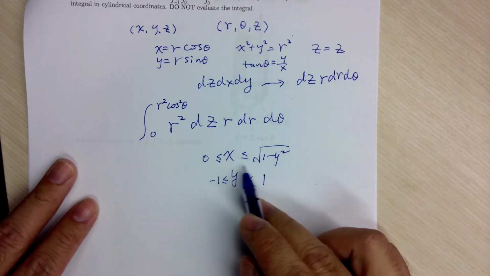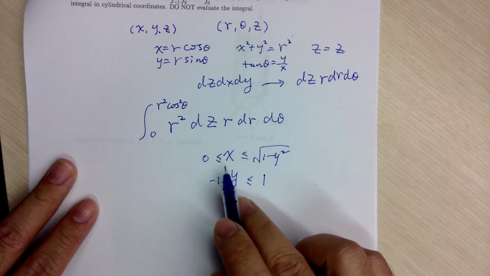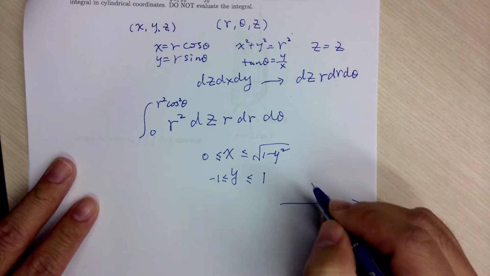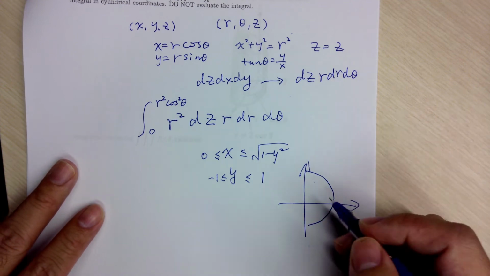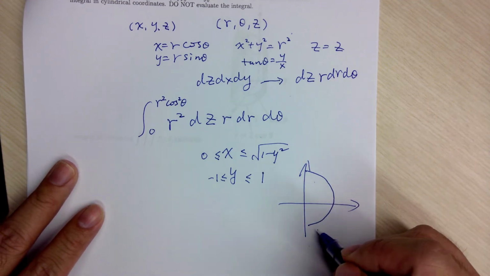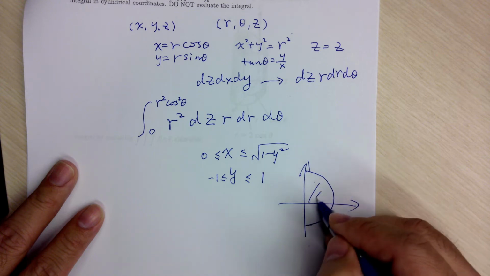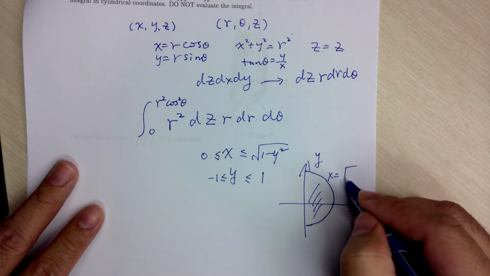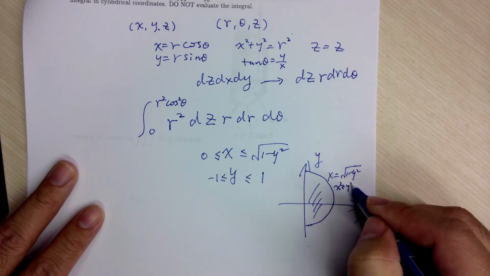So it turns out, since x is greater than 0, this is going to be a half circle on the right hand side, because x is bounded here, and then y is from -1 to 1, right? So this is the region here. So actually this is x equals square root of 1 minus y squared, or you can think of this part as part of the circle x squared plus y squared equals 1.